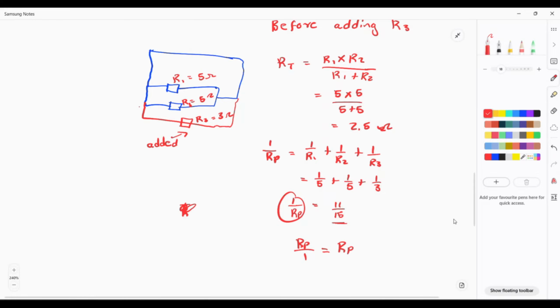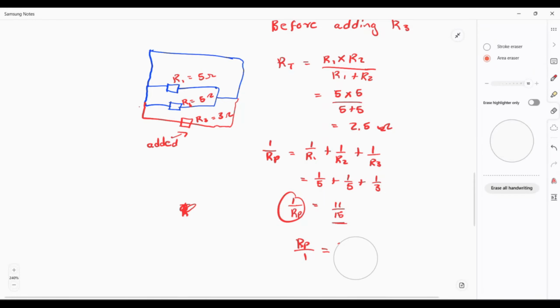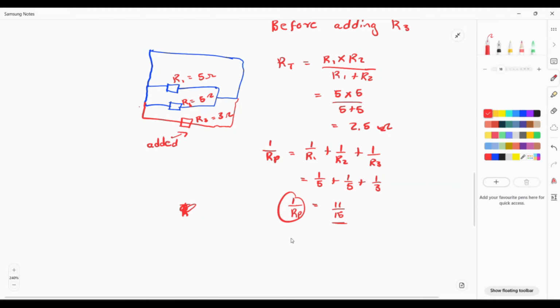Anything divided by 1, we can just leave it as that thing over there. Unfortunately, I was not that good in mathematics, so I'm just going to be straight to what I'm good at. And then you are going to turn this upside down. You will say 15 over 11. And then what answer do you get? 1.36.